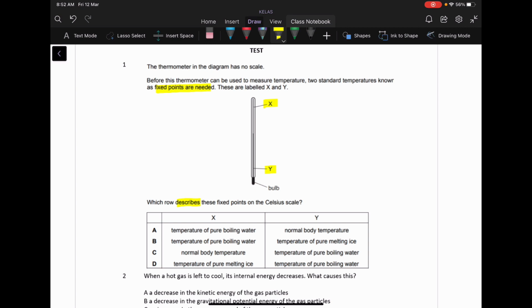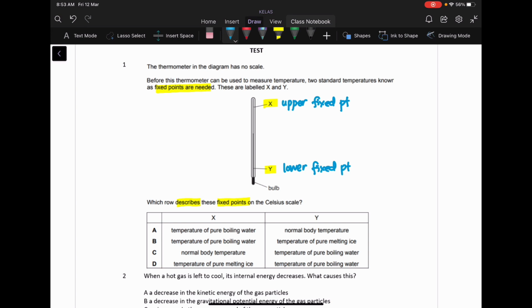So this question wants the description of the two fixed points. If you recall back the thermometer topic, this is the upper fixed point, and this is the lower fixed point. Hopefully you remember how to carry out the experiment or activity to calibrate an uncalibrated thermometer.